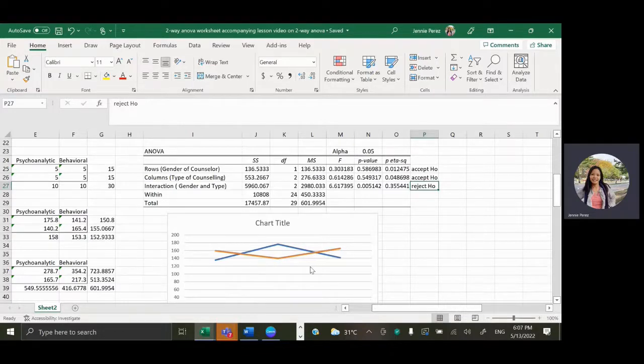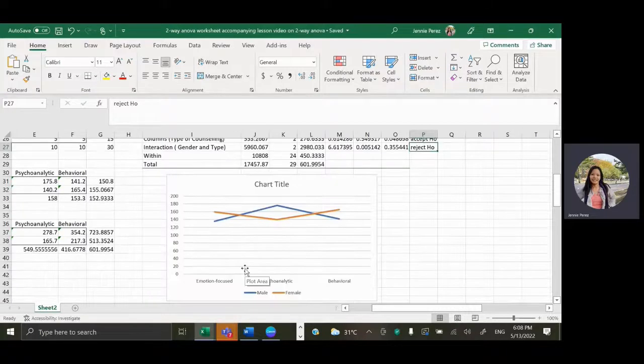And this information is very significant in our analysis because we can see that the two main effects of the factors, gender of counselor and type of counseling, are not significant. However, these factors could be significant depending on the level of the other independent variable.